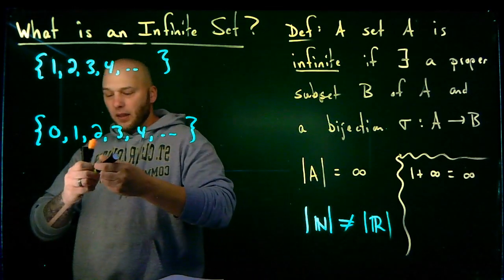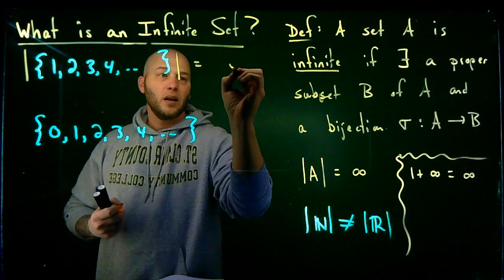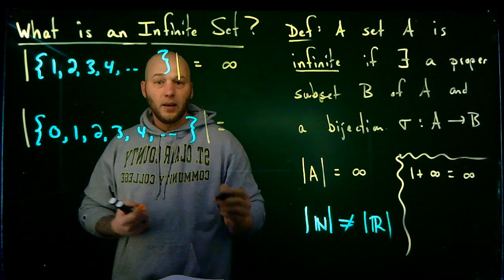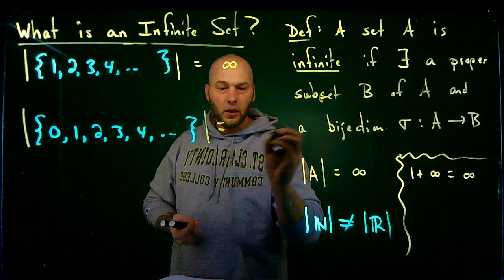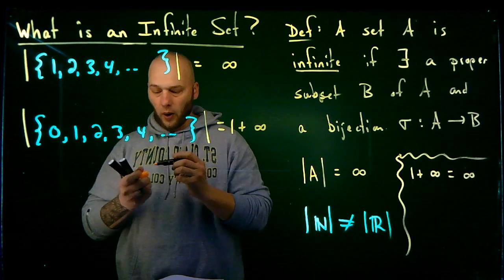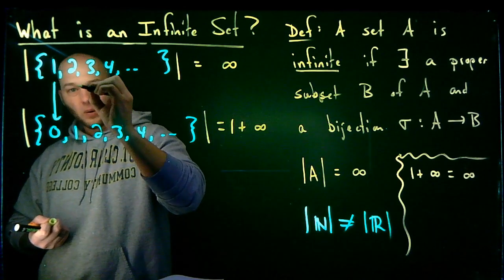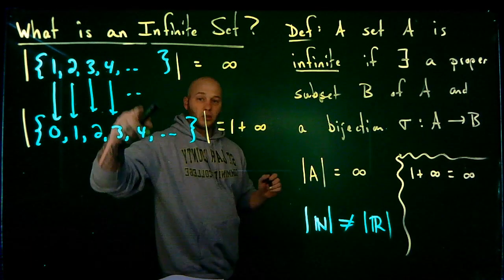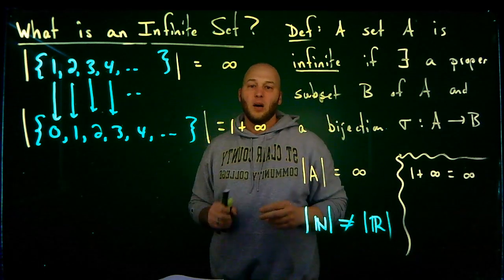So let's say that the cardinality of this one is infinite. And let's say that the cardinality of this one is, I hate to put an equal sign here, and I hate to put 1 plus infinity, but I'm going to do it anyway. It's 1 plus infinity, because it's the same number as this with 1 more. However, I can define a bijection, 0 to 1, 1 to 2, 2 to 3, 3 to 4, etc. And therefore, since there's a bijection, they have the same number of elements, or the same measurement of elements, whatever that means.